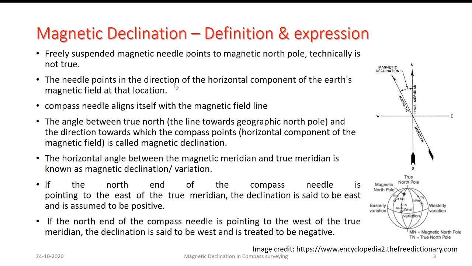The needle points in the direction of the horizontal component of Earth's magnetic field at that location. The compass needle aligns itself with the magnetic field line. Here, you see the direction given by the magnetic needle at a place, which is essentially related to the magnetic north direction.